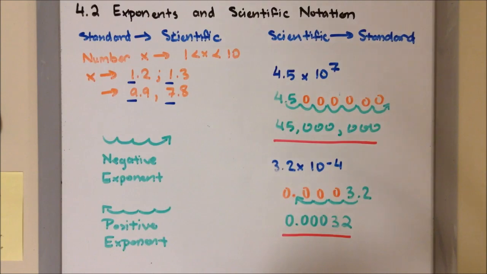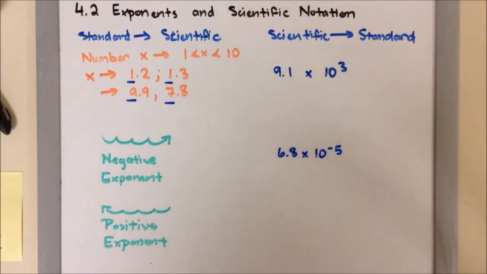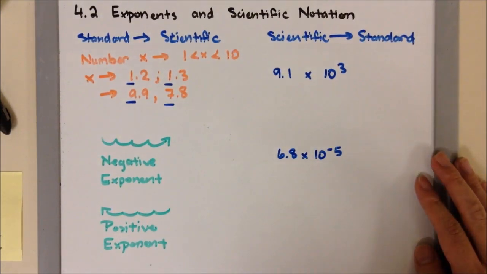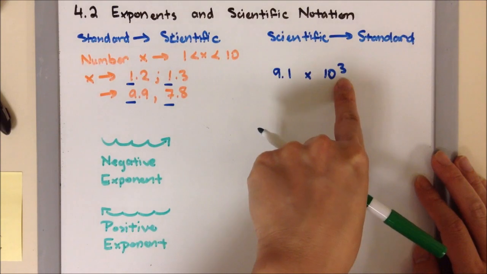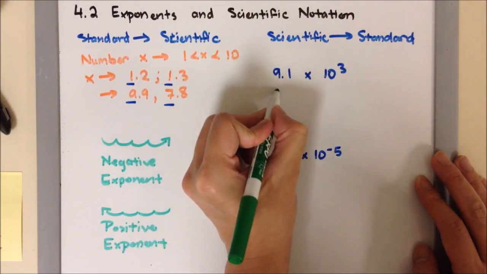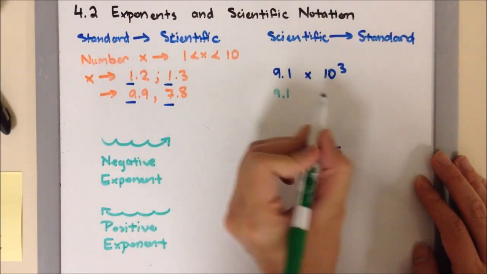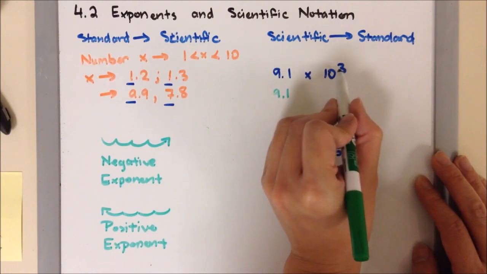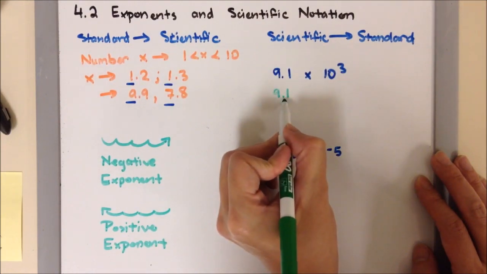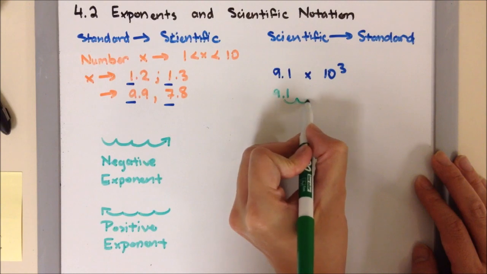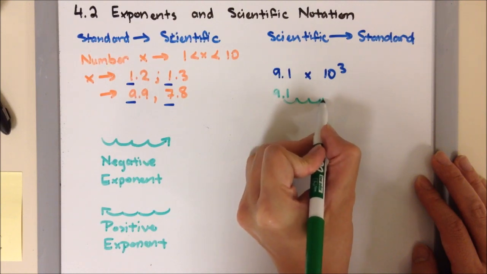Now let's do 2 more examples going from scientific to standard. For example 3, since it's 9.1 times 10 to the positive 3, I'm going to put my 9.1 on the left hand side. Since it's positive 3, that means I'm going to move my decimal 3 times. So 1, 2, 3.